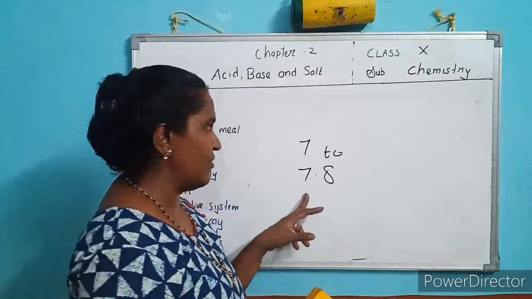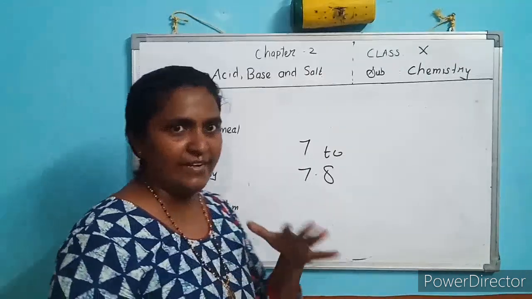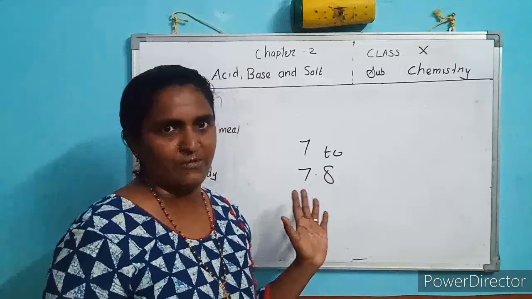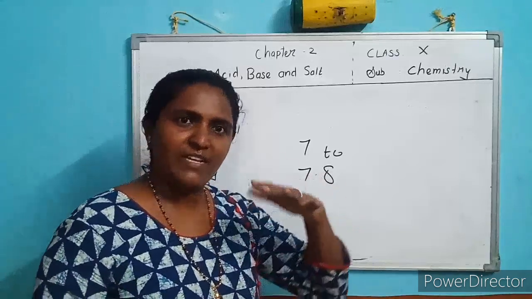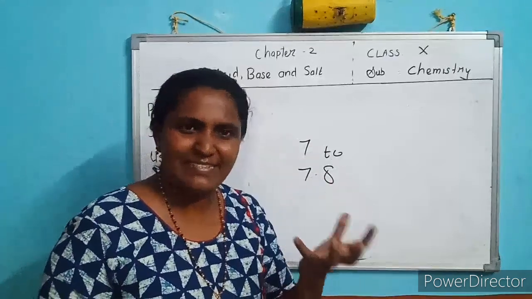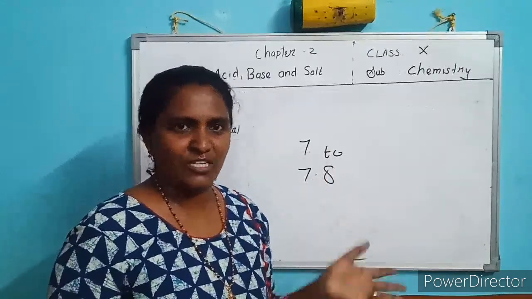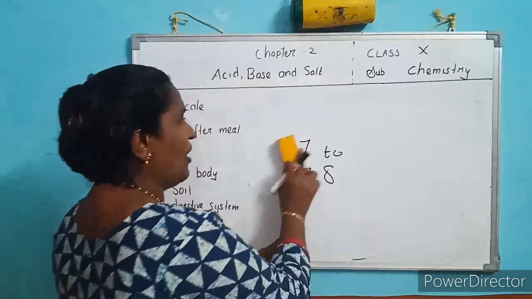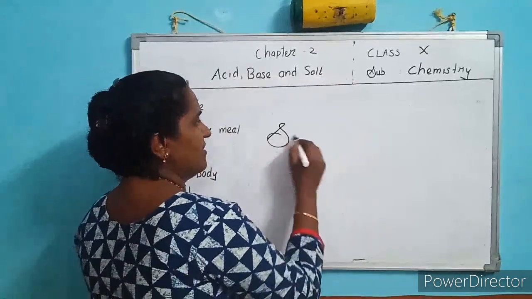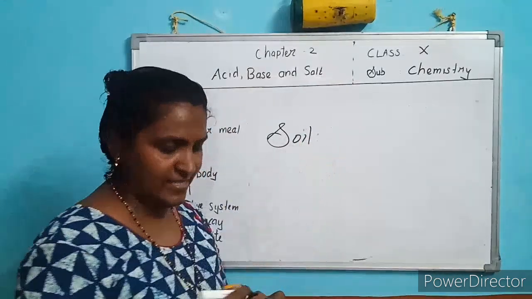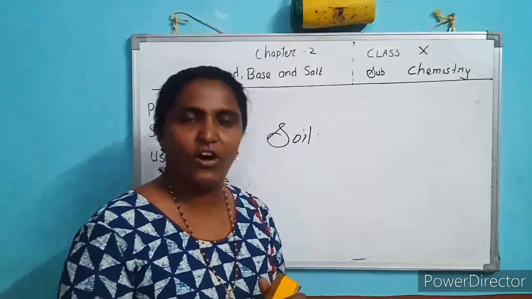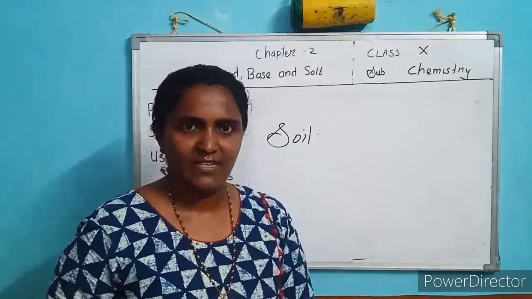To find out the reading, the pH value is used. There is a scale, a meter, through which we can find the pH of the body, blood or whatever else. And soil: some soil needs more acid or some soil needs more base.